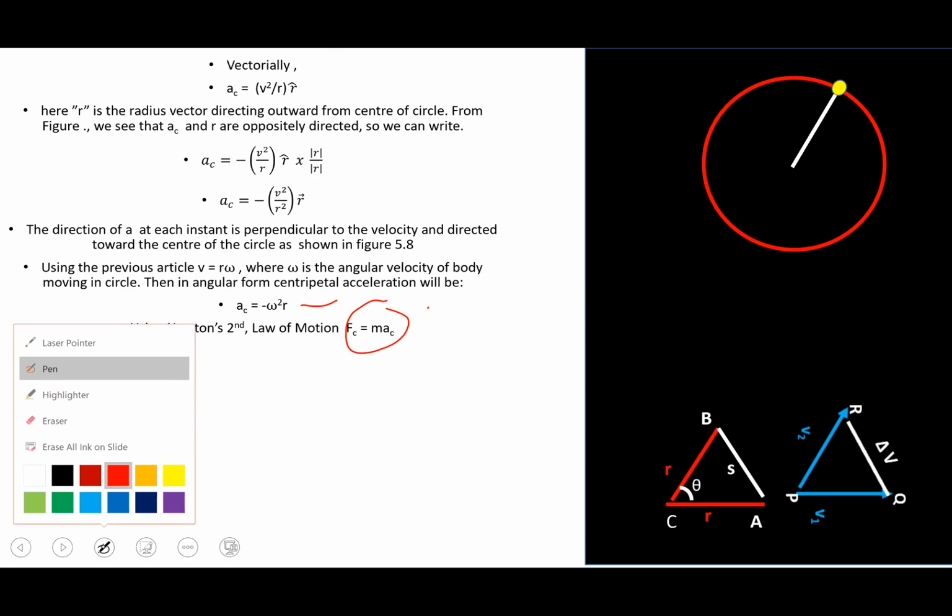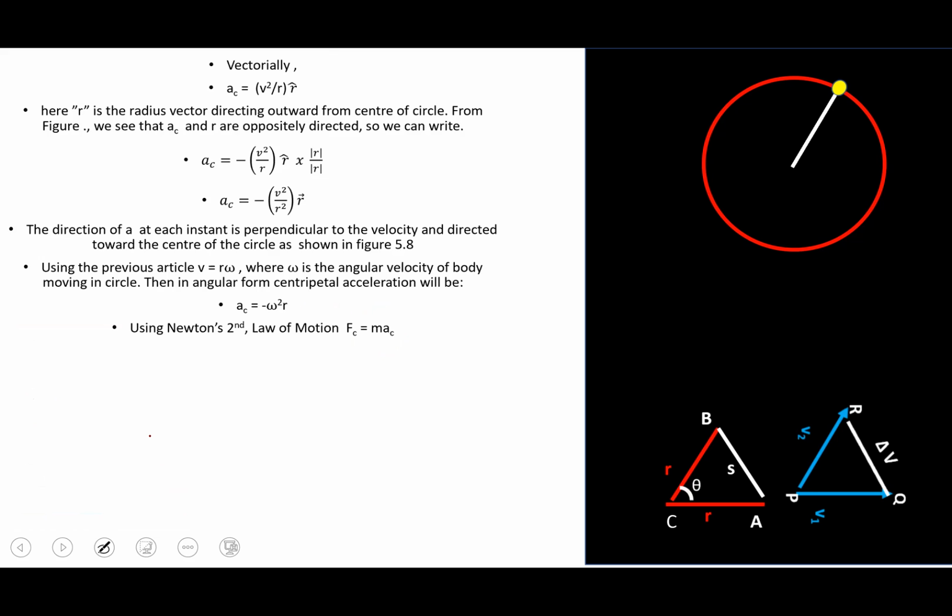Now, in this case, if we put the value of this a in this second law of Newton, because we said that there was some force compelling the body to move in a circular path, and now we are going to find out that force. If F_c stands for centripetal force and a stands for centripetal acceleration, which is v square over r.